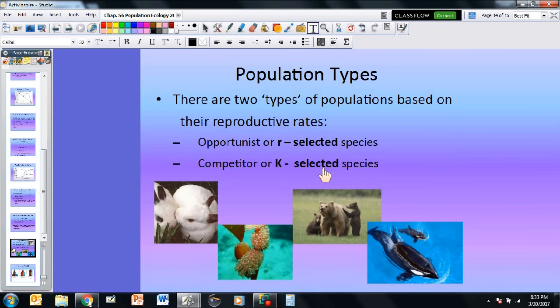There is usually either a high mortality rate for the young, in which case it is a species with a type 3 survivorship curve, or there is a high mortality rate for all ages, which means they are a type 2 curve. The K-selected species are the exact opposite of the R-selected species and are a type 1 survivorship curve.